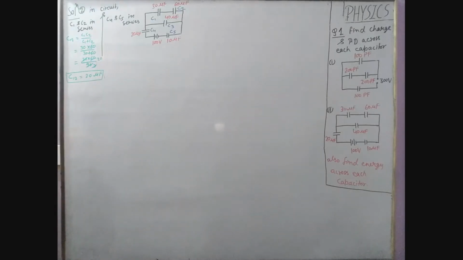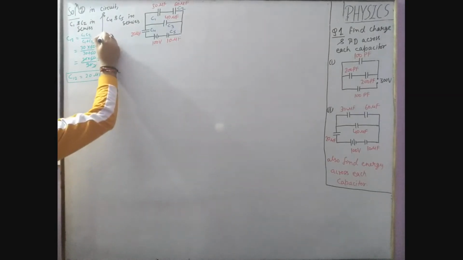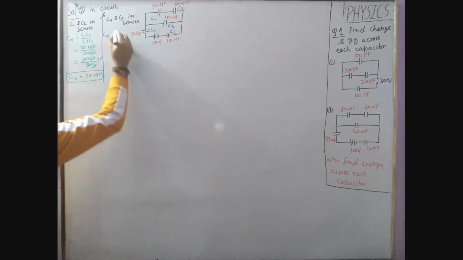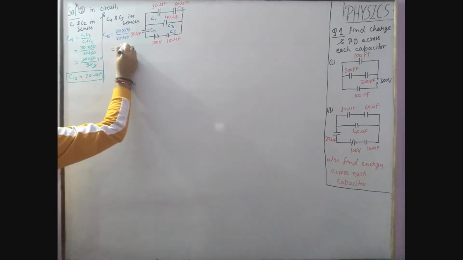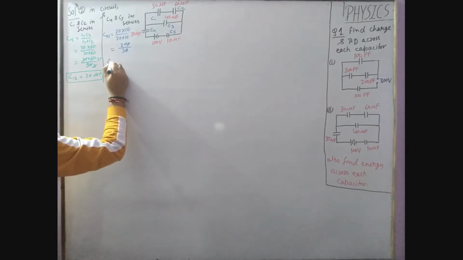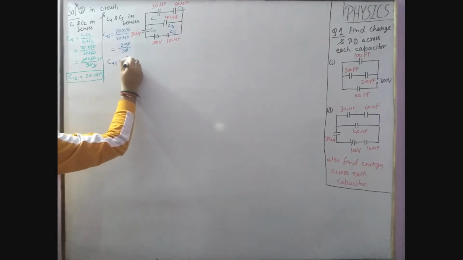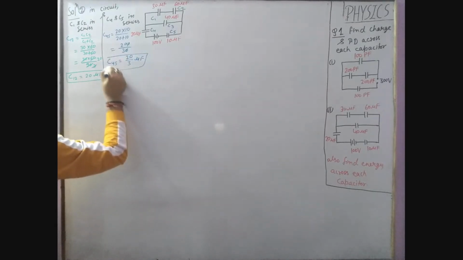And now C45, I will just write direct the values. 20 into 10 upon 20 plus 10, this you will get 200 upon 30, which will be C45 is 20 by 3 microfarad. Okay.